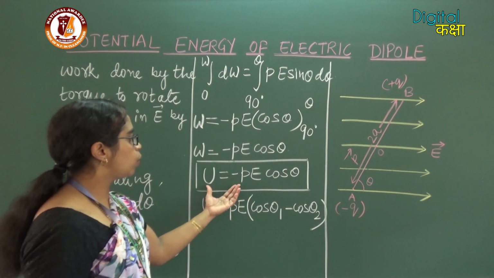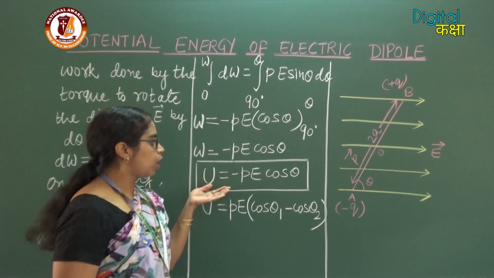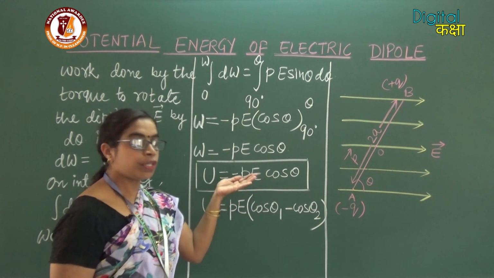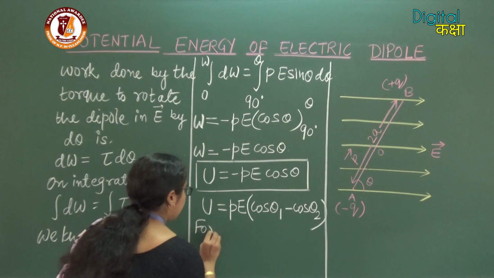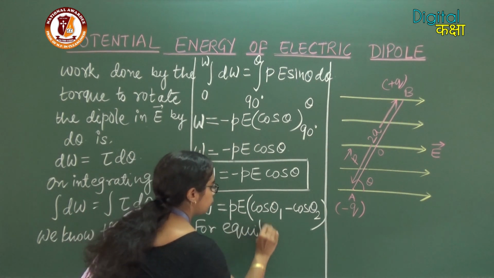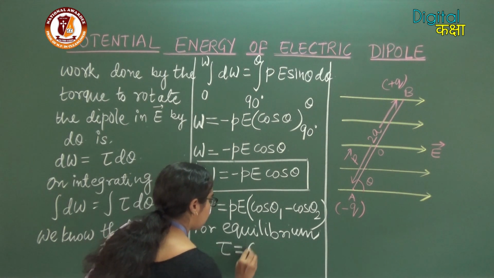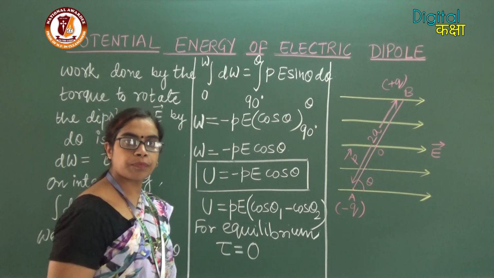Let us again have a look at the formula of the potential energy of the dipole. We know that for equilibrium, the value of the torque has to be equal to 0.